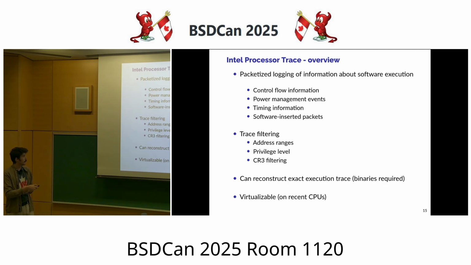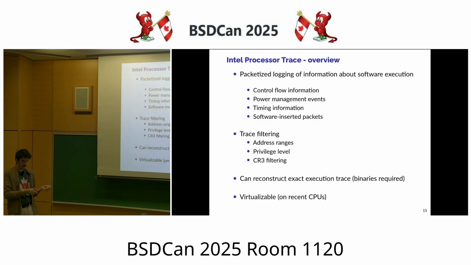It also allows you to filter the trace based on the current privilege level in the processor, which is nice and also a prerequisite for the whole thread mode versus user mode or mode of operation that we have in the HWTA tool. The filtering can also be configured to kick in when a specific page table pointer is present in the CR3 register.